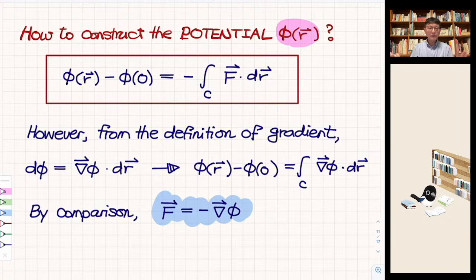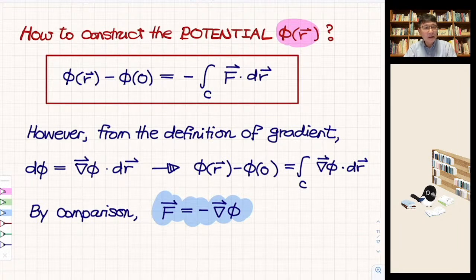A conservative field contains three components, right? In 3 dimensions, and in 2 dimensions it contains 2. So in principle, it should be more informative. But as long as it satisfies the criterion that its curl is 0, it can be described by a scalar field.